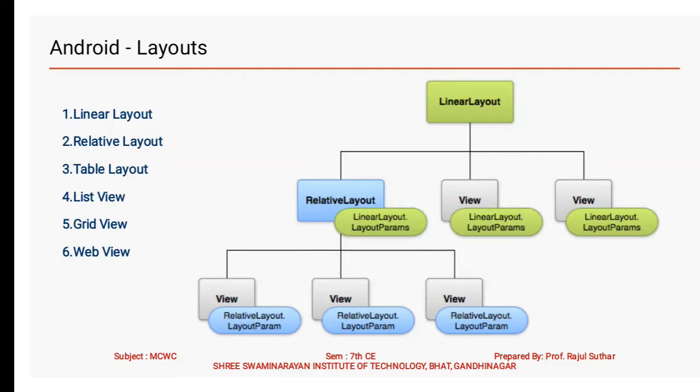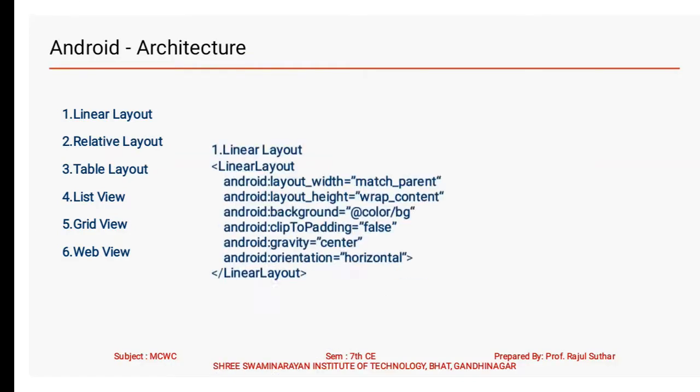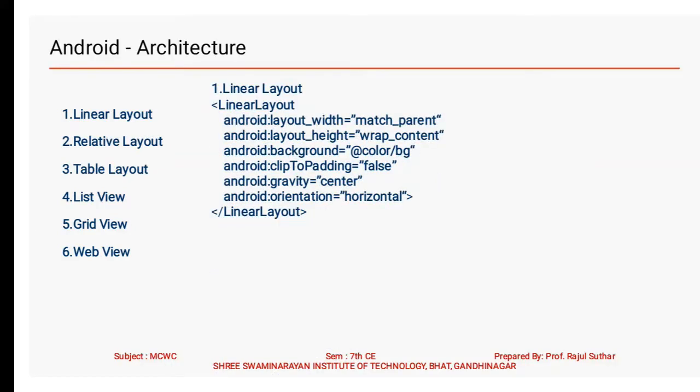The first one is the linear layout. A linear layout adds each child view in a straight line, either vertically or horizontally. Let me show the layout of each one. So this is the linear layout.